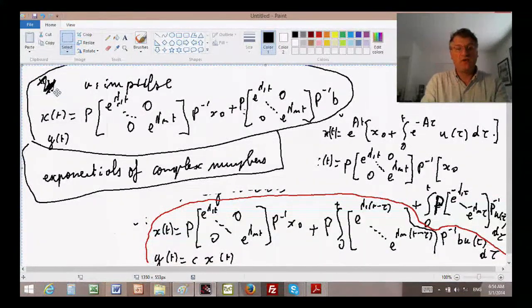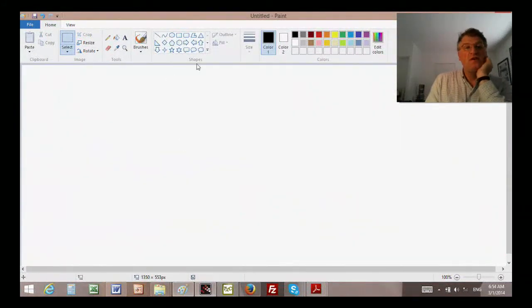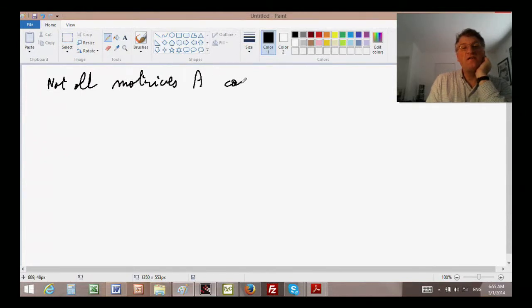Now, let's look at the more general case. Because one thing is that not all matrices A can be made diagonal.